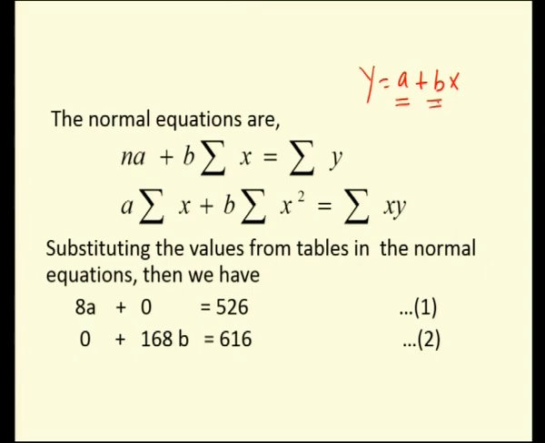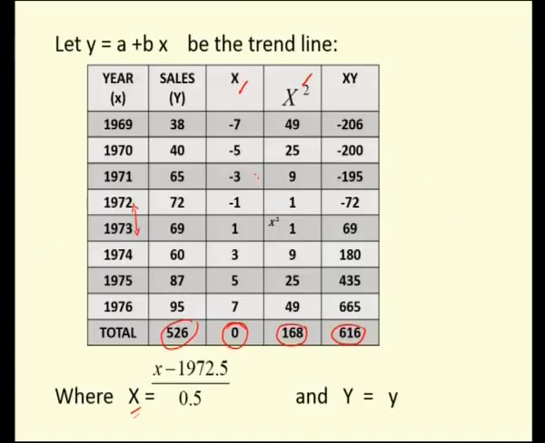To find these values through the method of least squares, you have the two normal equations: na plus b into summation x equal to summation y, and a into summation x plus b into summation x squared equal to summation xy. In these two equations, you are going to substitute whatever you have calculated from the table, namely summation y, summation x squared and summation xy.